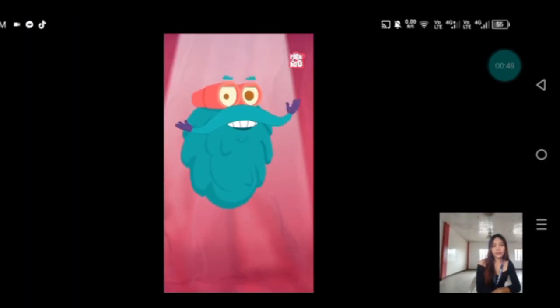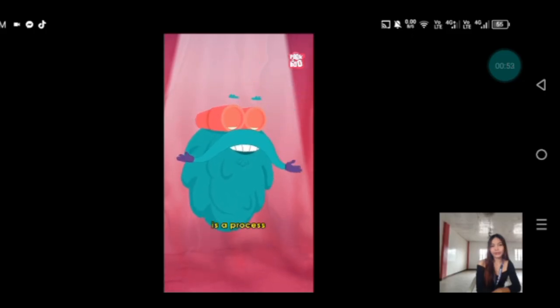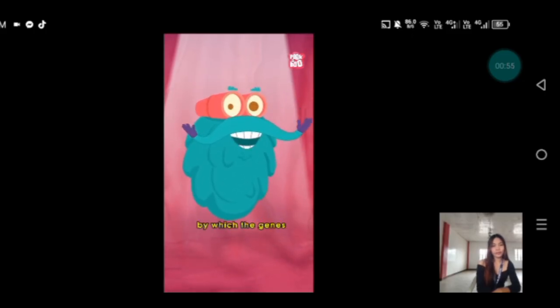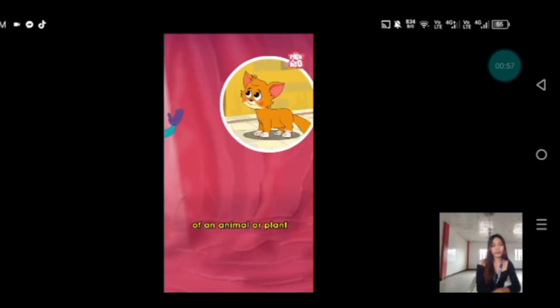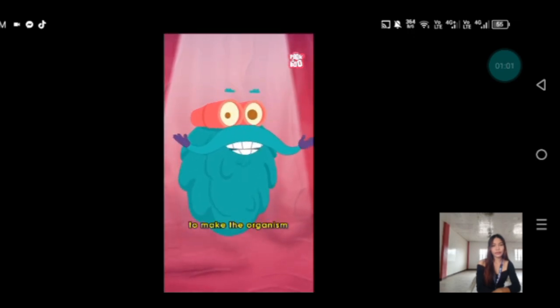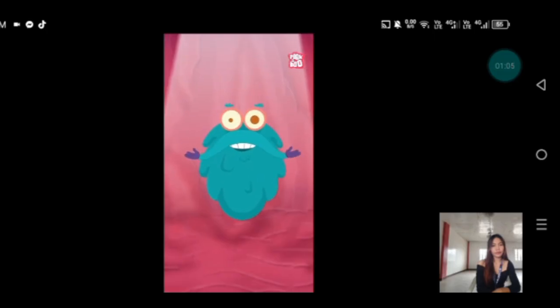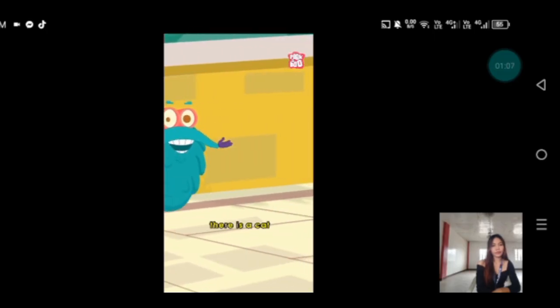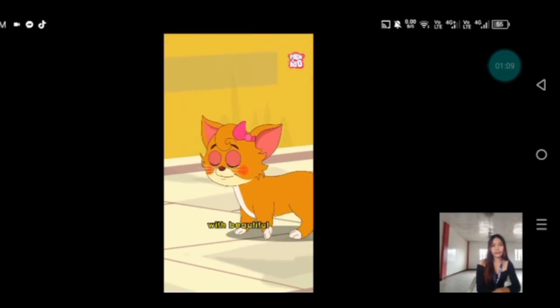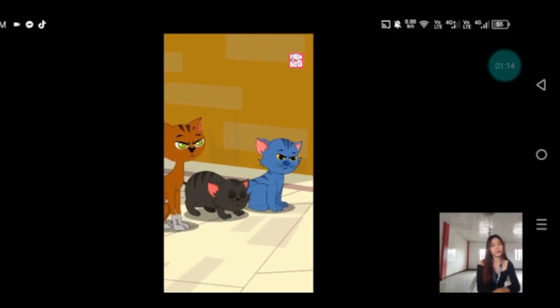Genetic engineering, which is also known as genetic modification, is a process by which the genes of an animal or plant are changed or modified to make the organism have certain characteristics. For example, there is a cat with beautiful and shiny fur that other cats envy.